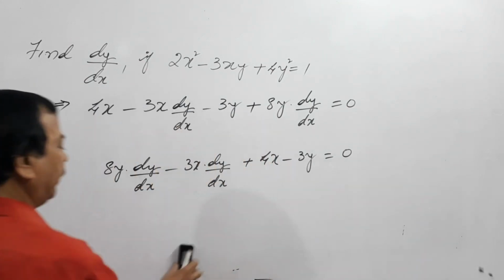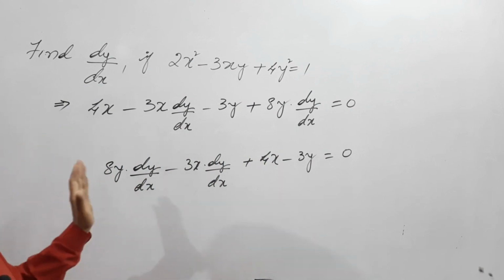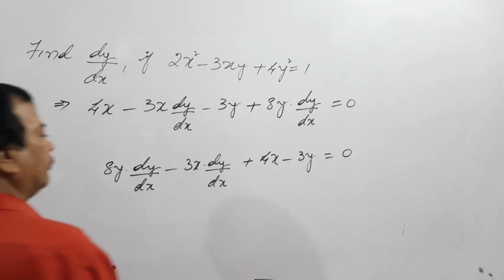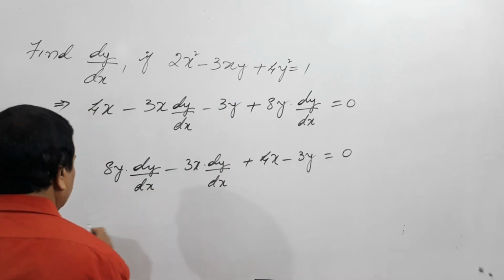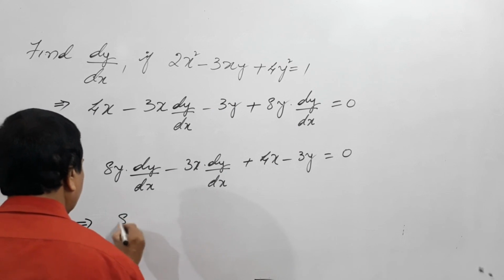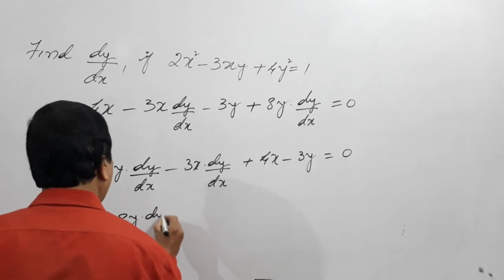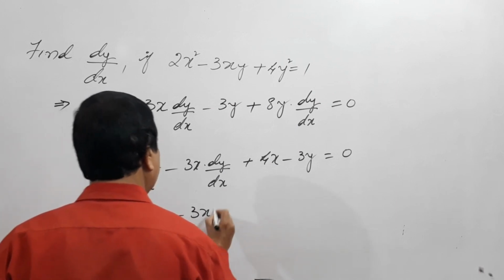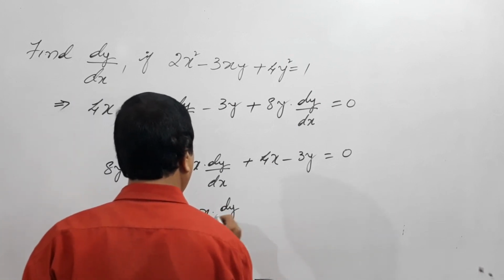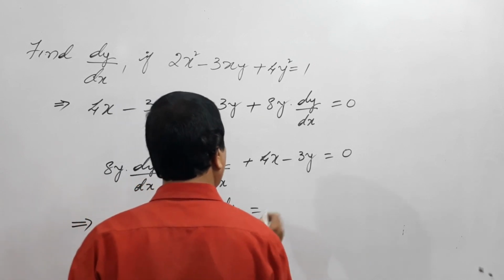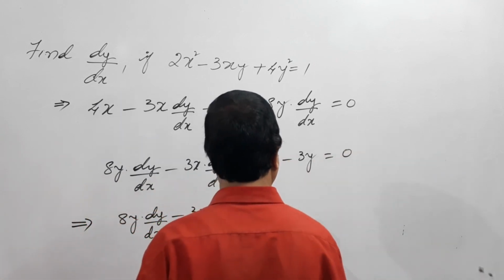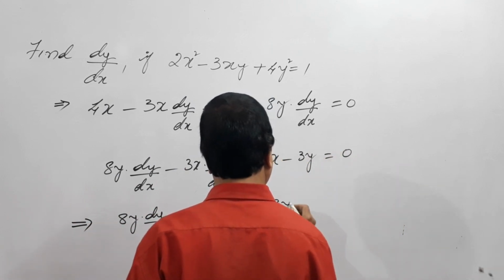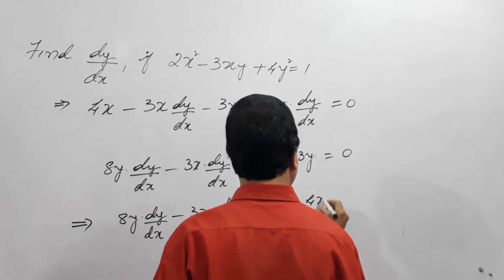What I am trying to do? I am trying to keep dy by dx on one side, the remaining on the other side. So what happens here? This is 8y into dy by dx minus 3x into dy by dx equals to, when this goes there, this becomes 3y minus 4x.